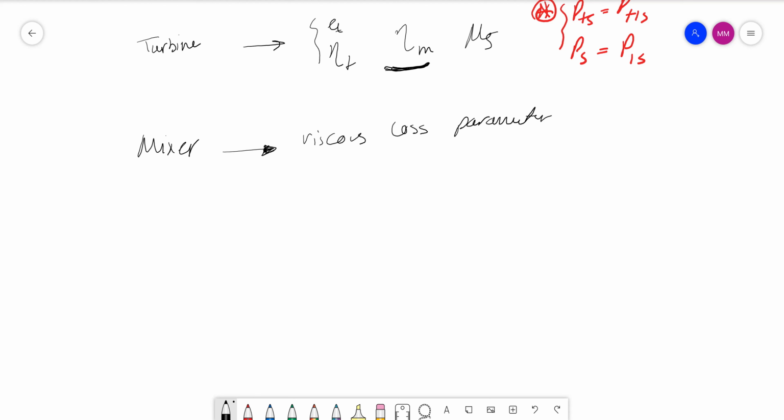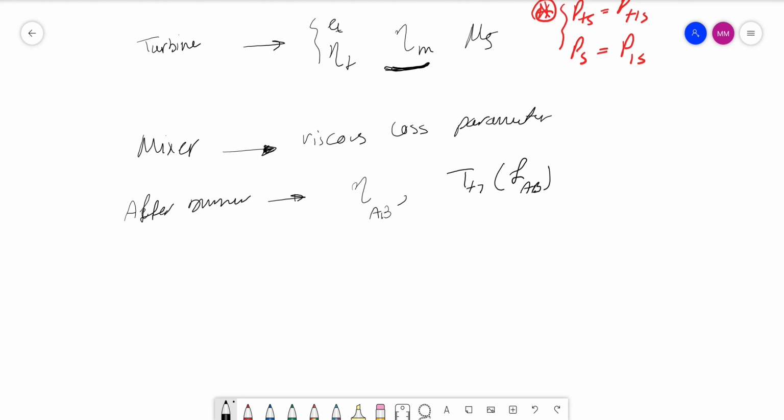Then you get to the afterburner. For the afterburner, you want to have the afterburner efficiency, the maximum temperature you can get, the design maximum temperature, TT7, or f of afterburner.